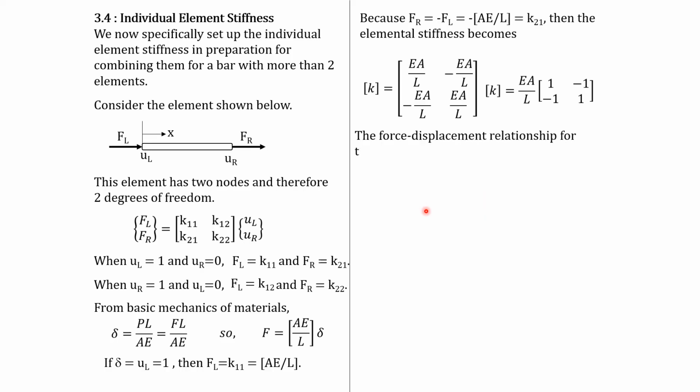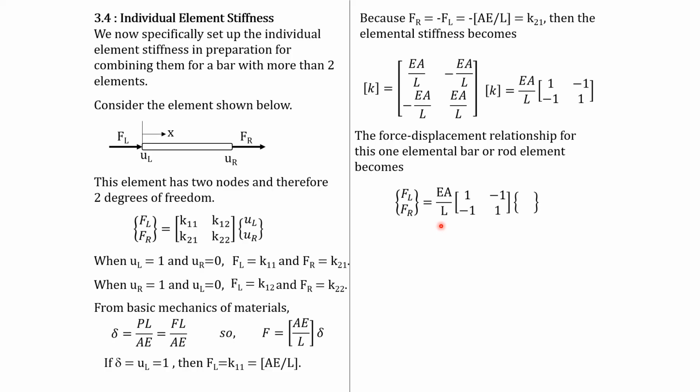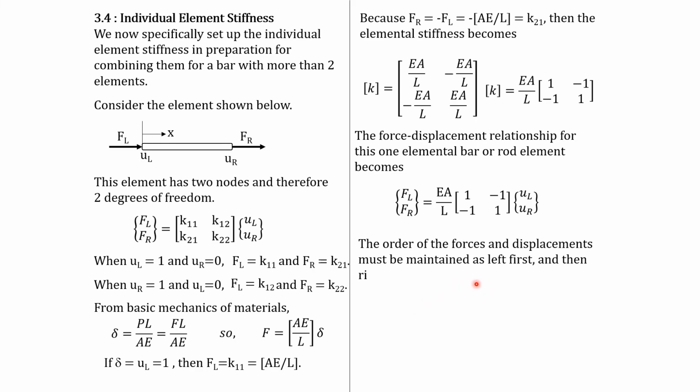So the force displacement relationship for this one element bar or rod element becomes FL, FR equals EA over L times 1, negative 1, negative 1, 1, then UL, UR. The order of the forces and displacements must be maintained as left first, then right. It should be remembered.